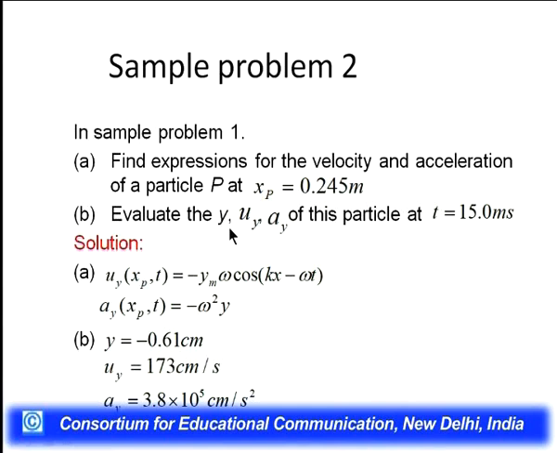To calculate the displacement, we have y equal to -0.61 centimeter, and uy is equal to 173 centimeter per second. Here we put all the values in this equation, and the acceleration will be 3.8 × 10⁵ centimeter per second squared. After solving this, we will get the result.